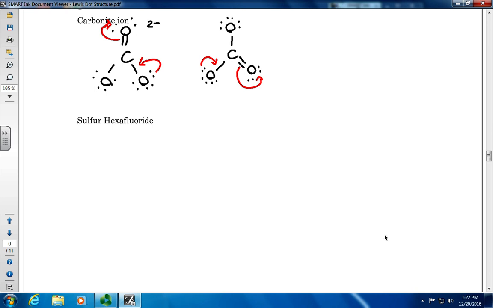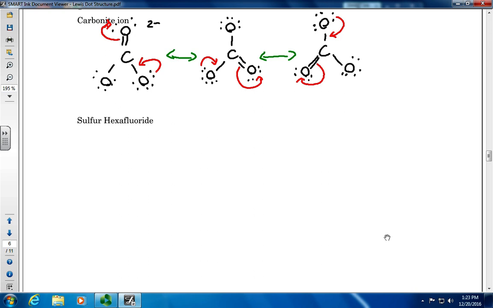And then the third structure. And this one would have our arrows going from here to here. And of course we have our double-headed arrows showing the interchange of the resonance.